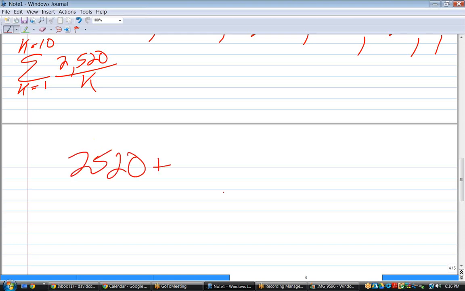Second term is 1,260. Third term? 840. Looks like 630 to me. Oh, excuse me, we're not cutting it in half every time. So you're just going to have 10 terms, you add them up.